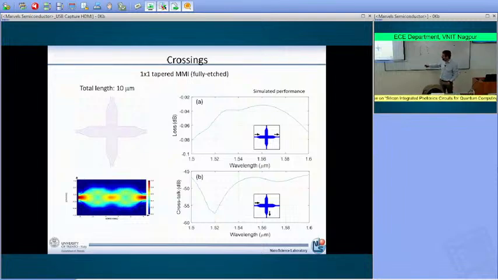And so essentially your light is passing the cross without loss as well as without any contamination of the other direction. And so in this way we have implemented a quite effective cross on a very small footprint, 10 micron.